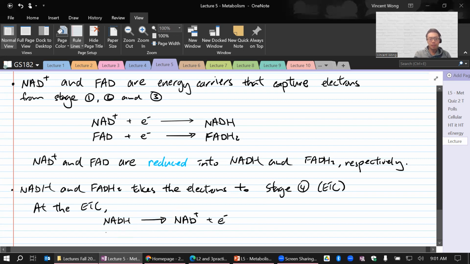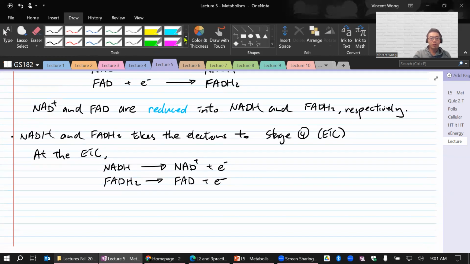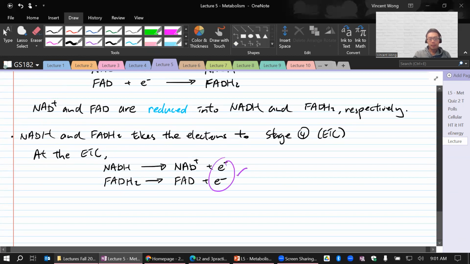Now this can go back. FADH2 becomes FAD and electron. Just to make it very clear for you, these get on the ETC. They literally get on it. I'll tell you what that means later on.